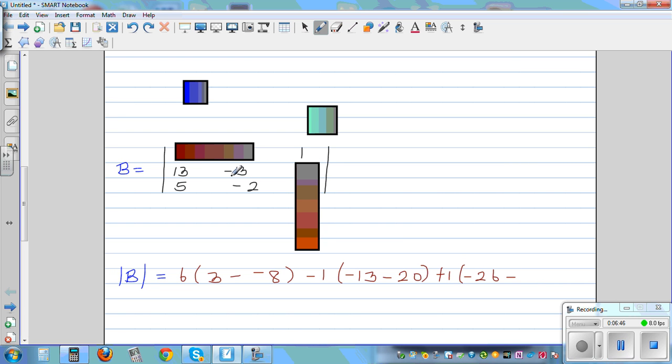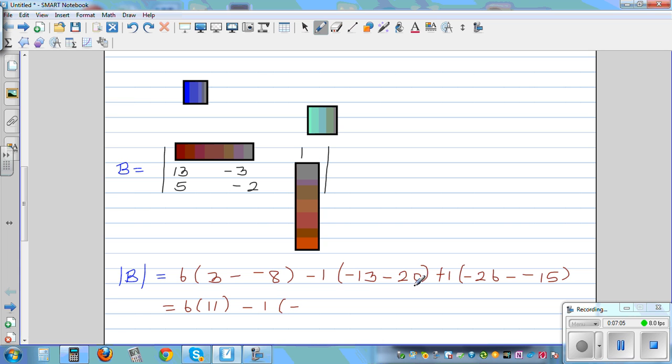Take away negative 15. It's better to do more steps. So this is 6 times 8 plus 3, which is 11, minus 1 times minus, this is minus 36.